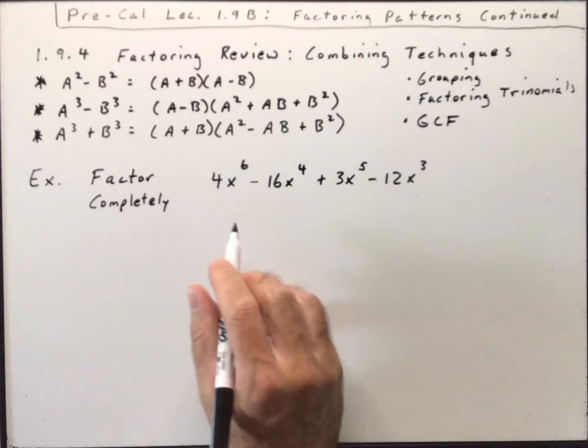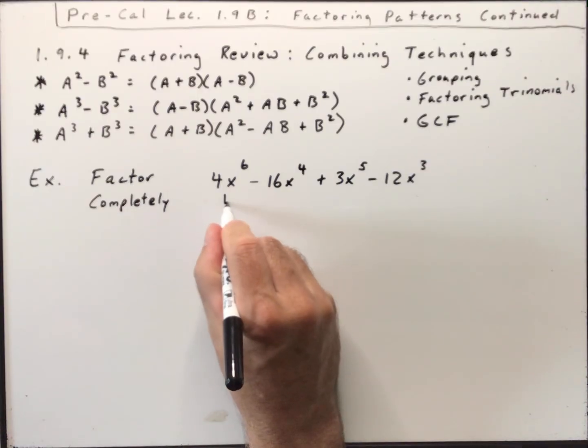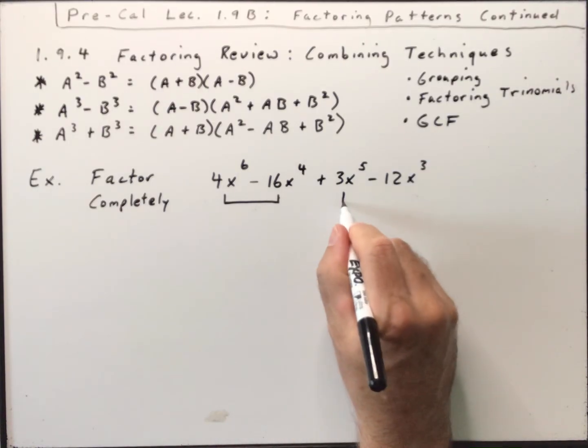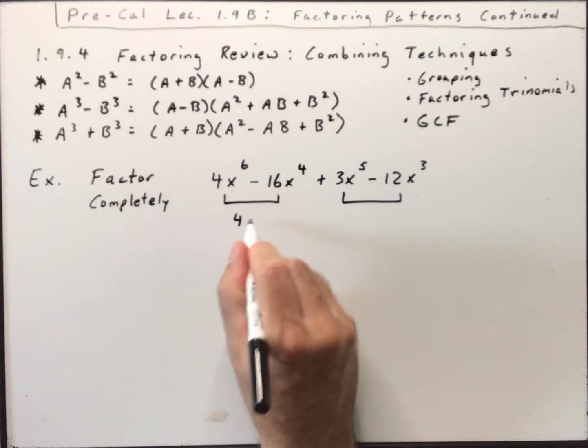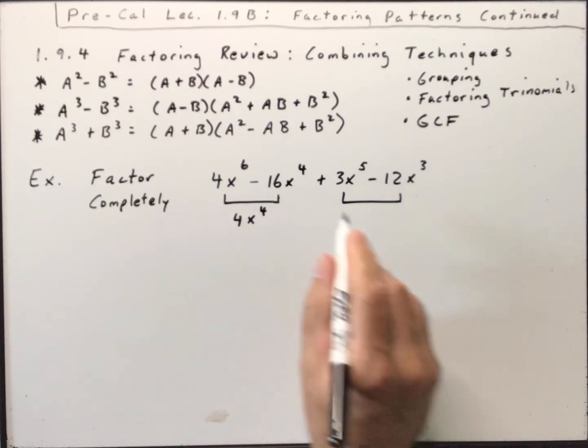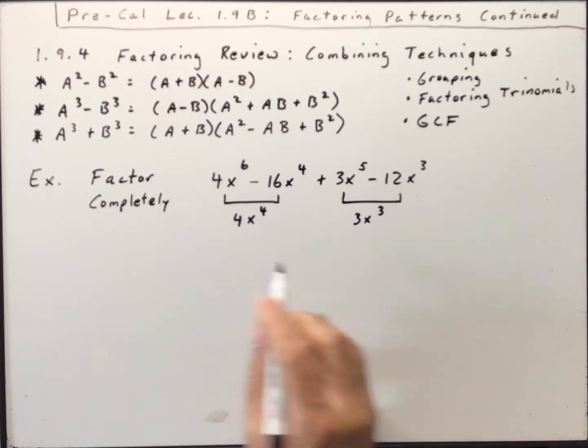Okay, so this is what I would do on this. First of all, it's four terms, so let's do the grouping first. We could factor out 4x to the 4th for these first two, and 3x cubed for the second two.